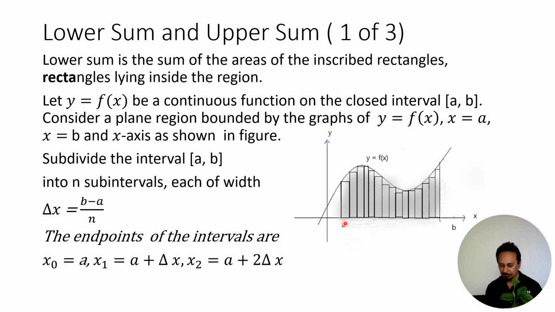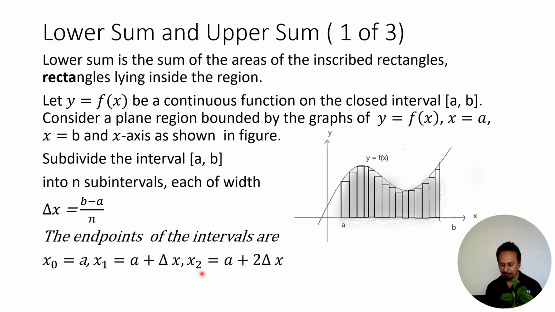Now we can write the endpoints of the intervals, like this endpoint and this endpoint and so on. The first would be x0, which is where a is. The next is you add the width, b minus a over n, which is delta x. So x1 is a plus delta x.